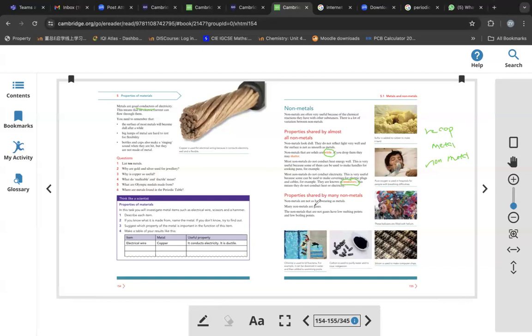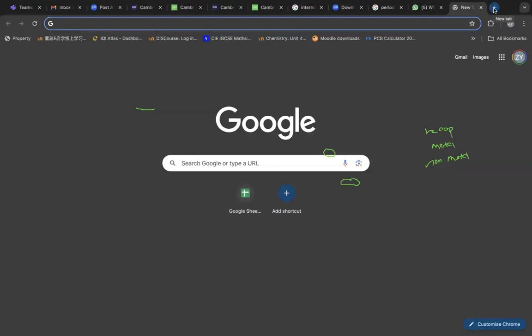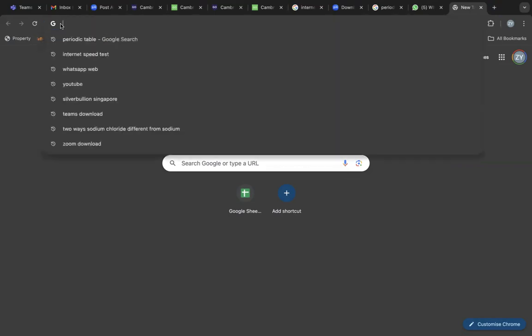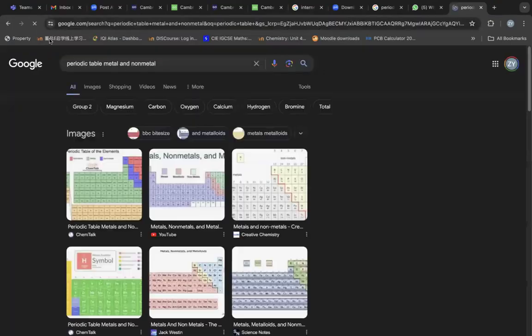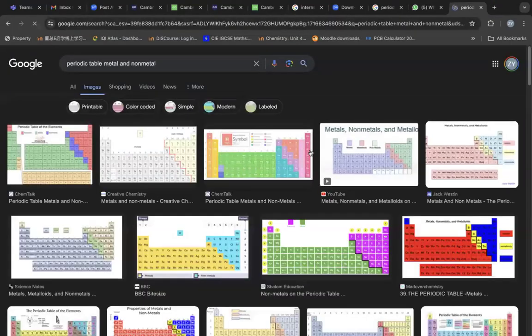to group 3, except boron, is metal. Here you can actually quickly find it, just a minute. You can type periodic table, metal, non-metal, yes this one. And then you can go to image.